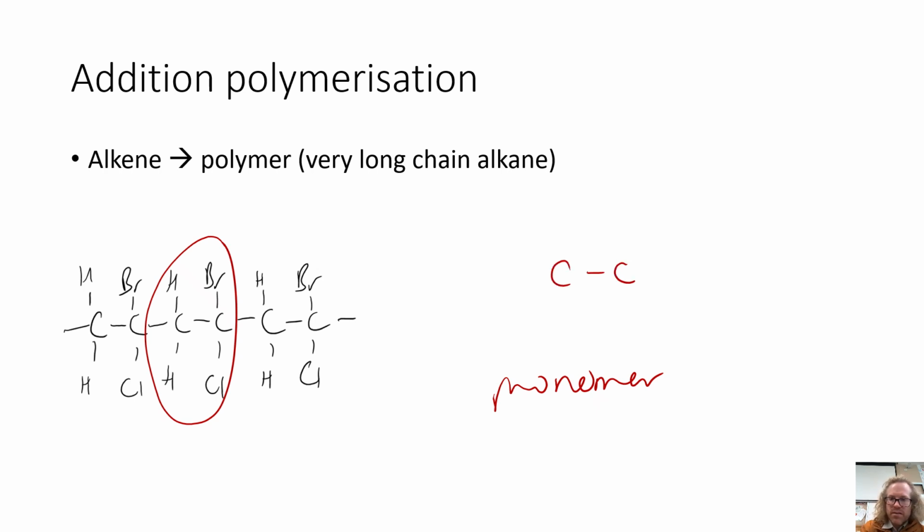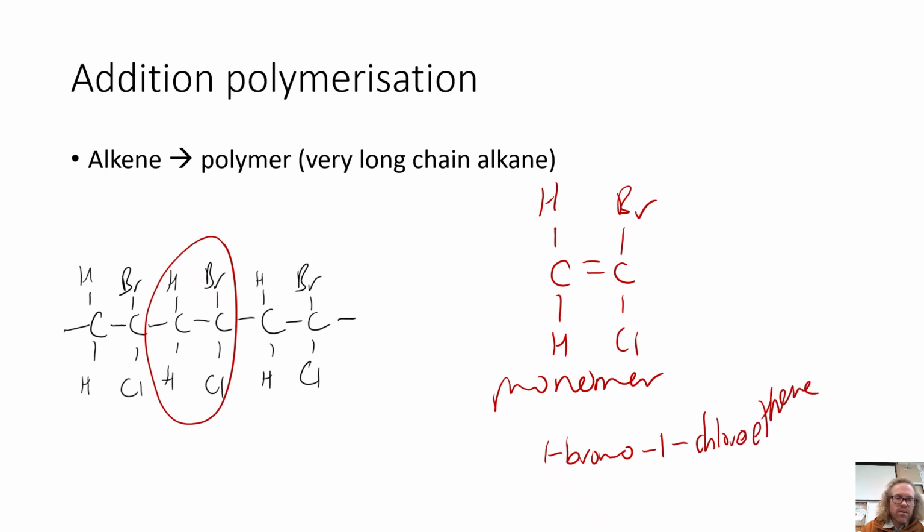Redraw it like so, and then add the double bond, and now that is the monomer that made this polymer. So this is 1-bromo-1-chloroethene.